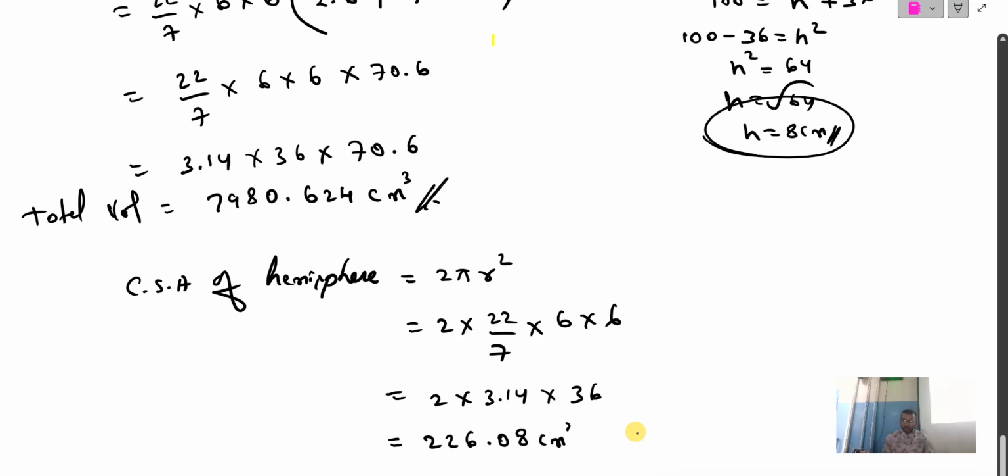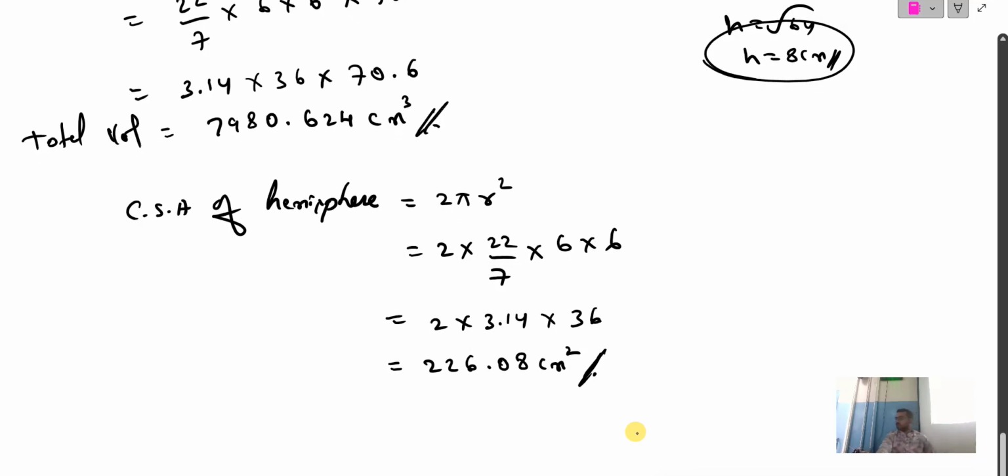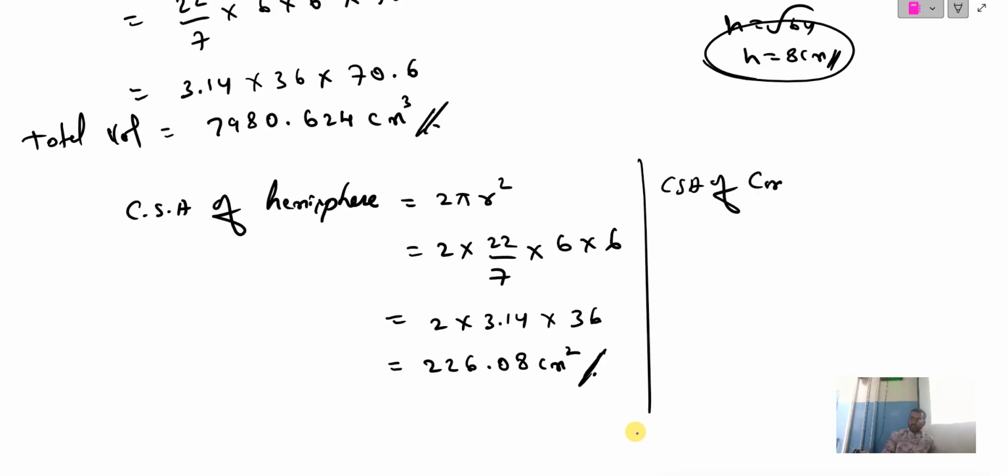Now ultimately they are asking us the ratio. The ratio of curved surface area of hemisphere to the curved surface area of cone. So now we can write directly: curved surface area of hemisphere is to curved surface area of cone is equal to 226.08 is to 188.4.